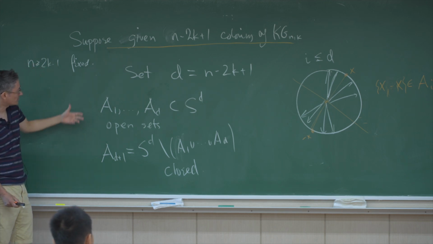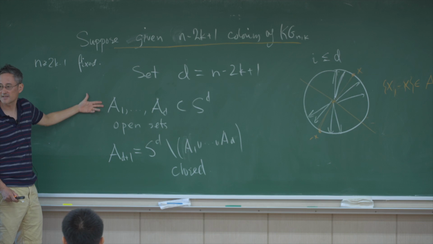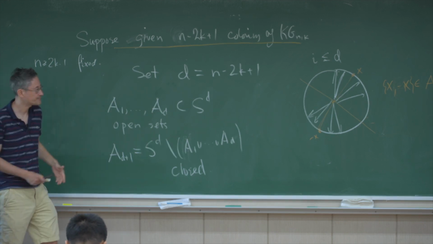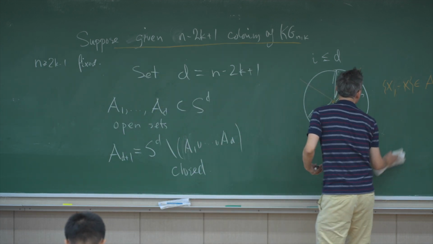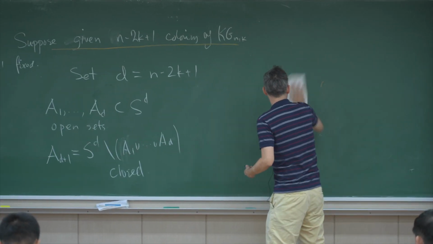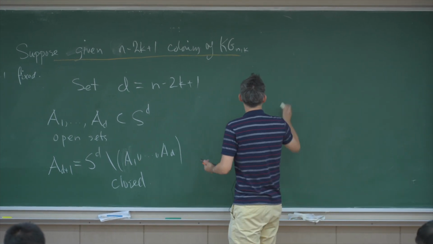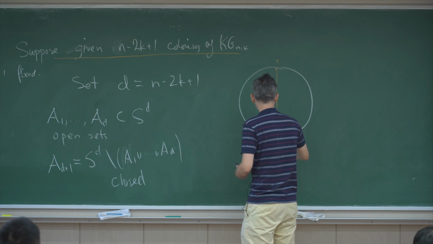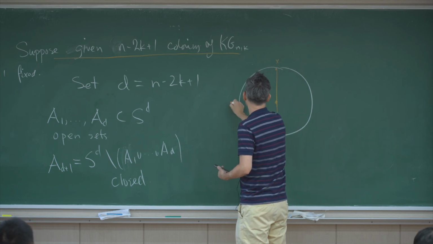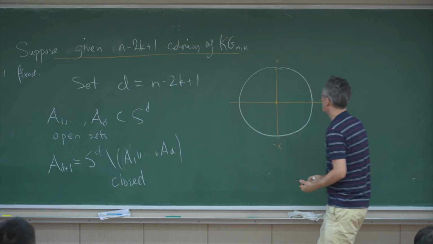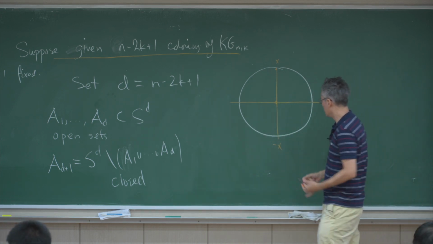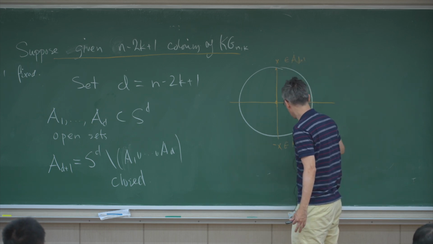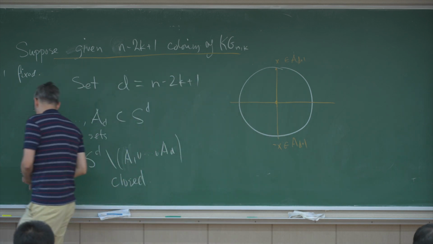So the Borsuk-Ulam theorem tells us that one of these sets contains antipodal points. It cannot be any of these sets, so it's this set. Again, we have x, we have minus x, and this is in A_{d+1}. So what does that mean?